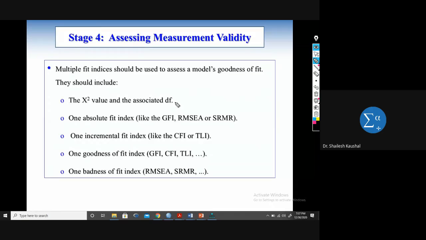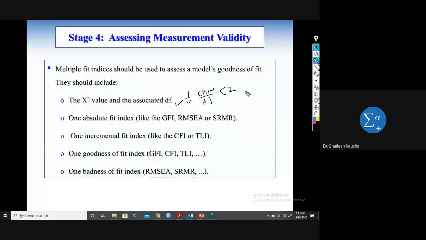First is the chi-square value. Chi-square divided by degrees of freedom, its value should be less than 2, the first condition. Now we are performing the confirmatory factor analysis, and after getting the output, first of all we will report whether chi-square by degrees of freedom is less than 2 or not.